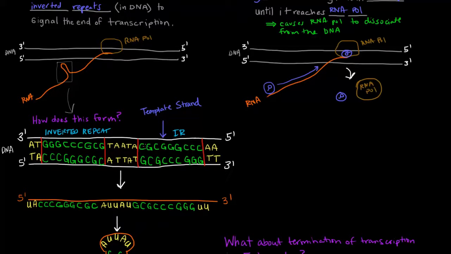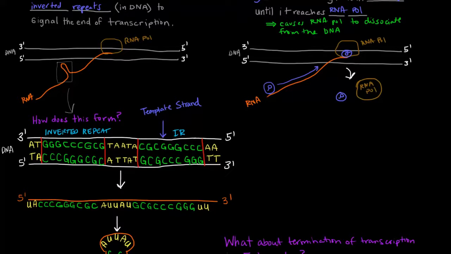Okay? Why is that? What does that even mean? Well, notice that here we have G, G, G, C, C, C, G, C, G. Now, here we had 9 bases, right? 3 G's, 3 C's, and then a G, C, G. Over here, we also have 9, and it just so happens that if you start here, it's going to be complementary to these.